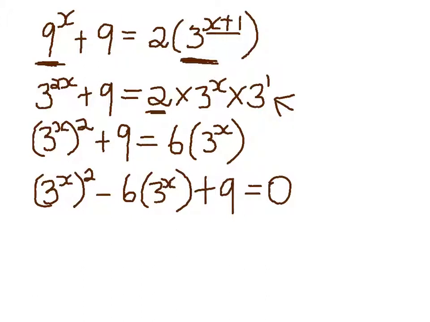As I said in the previous example, I wouldn't set 3 to the x being equal to x, because then you could end up getting yourself confused. So let 3 to the x equal m, and then we can substitute that m back in and we'll have a quadratic.